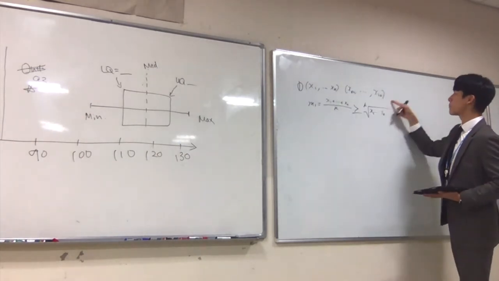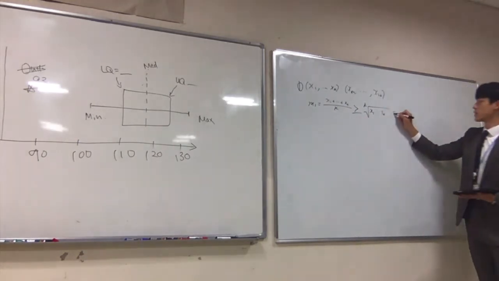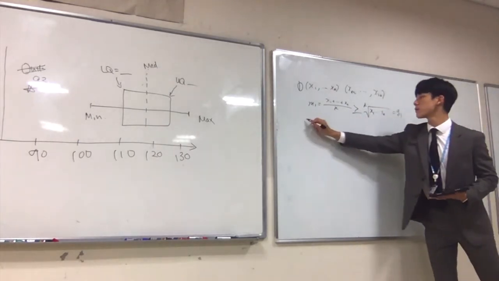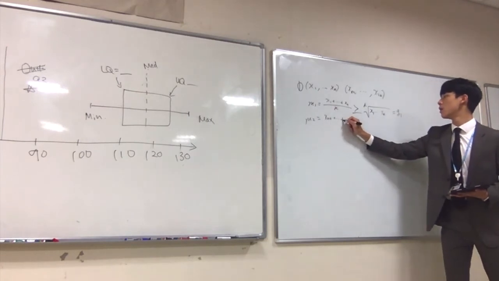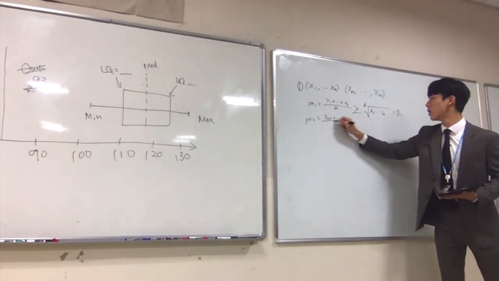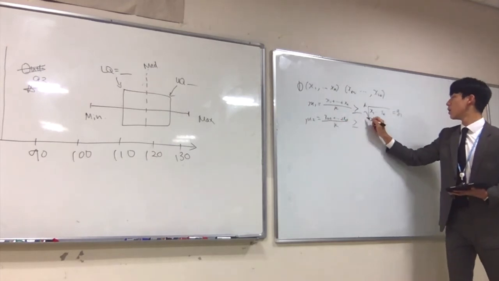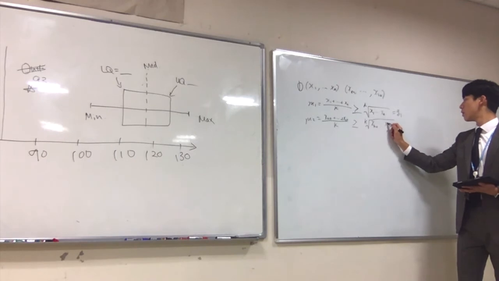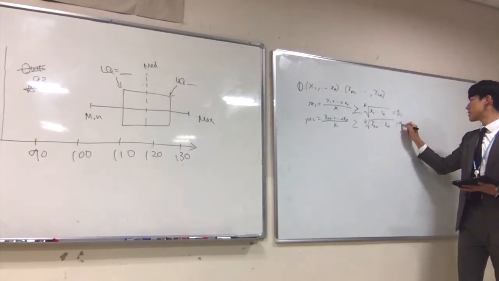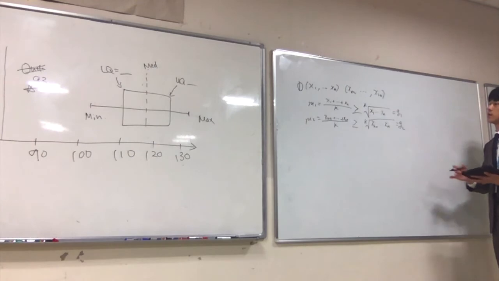We do the same thing for this one, and let's call this g1. We do the same thing for this one, and then let's call this g2 in this case.